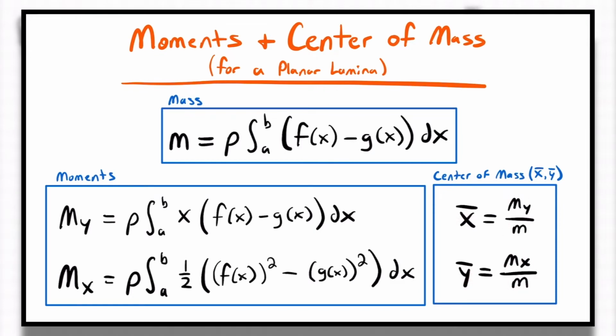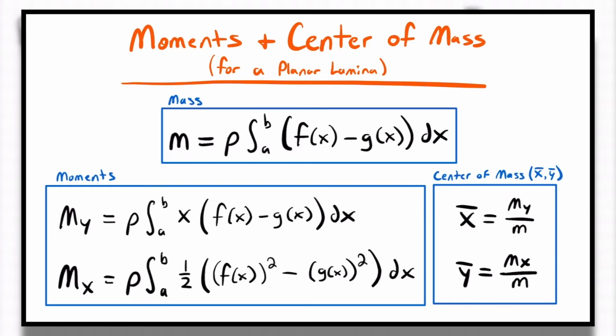And so because of that, the center of mass is not dependent on density, just the shape of our lamina. And so we can ignore the density given to us in our problem and just assume that the density is equal to 1 and completely omit that rho from our formulas. It'll save us a little bit of time and we won't have to worry about multiplying everything by 2, only to then divide it back out. Okay, so just because our problem tells us that rho is equal to 2, we can actually ignore that and pretend that it's equal to 1.